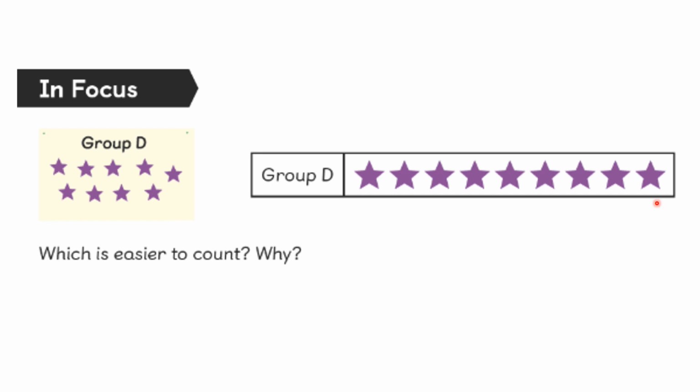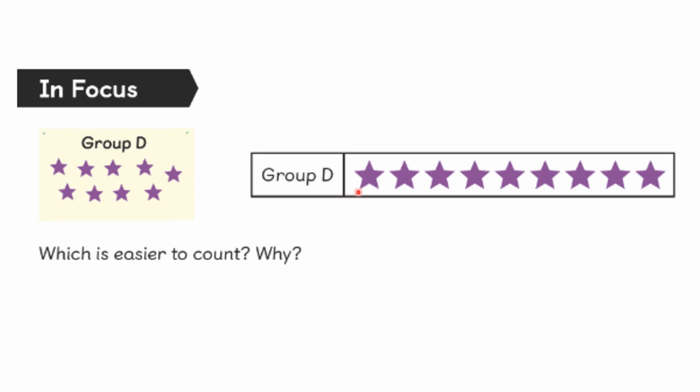So, I think that this display is easier to count because the stars are arranged in a straight line. When we're trying to count over here, 1, 2, 3, 4, 5, 6, 7, 8, 9, we have to move in more than one direction, and it would be quite easy to miss or forget a star.